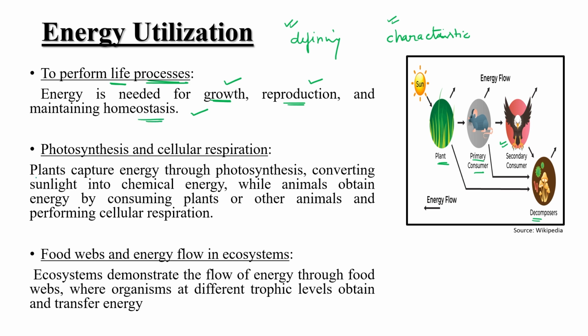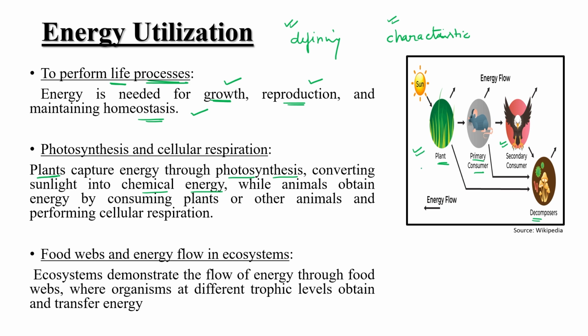Like these plants capture energy from the sun through photosynthesis and convert this sunlight energy into chemical energy, while animals obtain energy by consuming plants, as you can see in this particular picture.